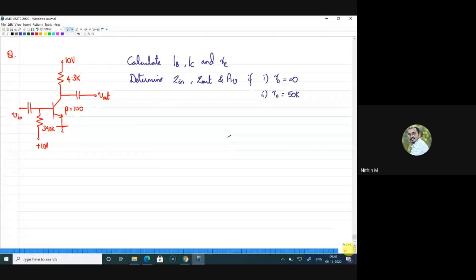Pradyumna is not there. Okay. Nitin Teja? Yes, sir. Nitin, what amplifier is this? Sir, this is common source. Very good. Not common source, this is common emitter. Sir. Right. This is a BJT based circuit, right? So this is common emitter.